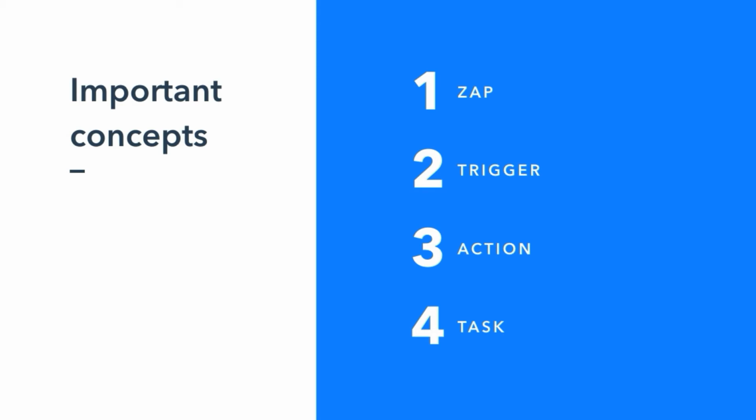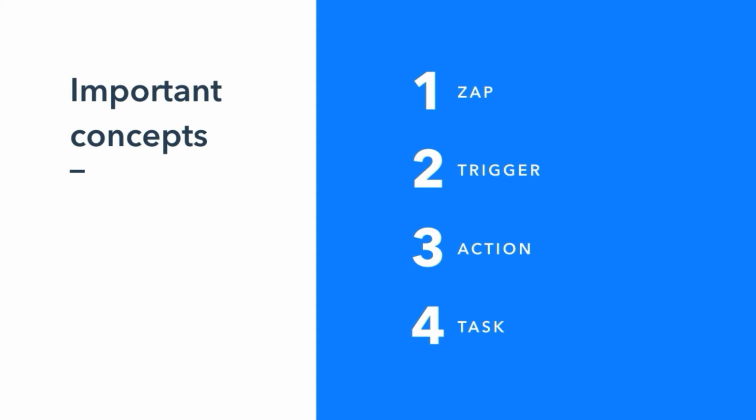Once you create and turn on a Zap, Zapier will monitor your trigger app for that specific event. In our case, we'll have 2 different events: when a card is done in Pipefy and new spreadsheet row in Google Sheets. The action, on the other hand, is the event that completes the Zap.